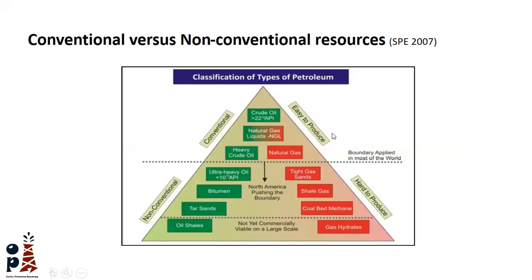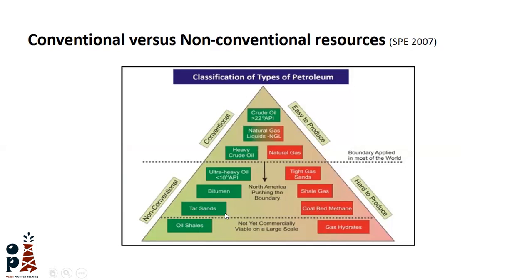So again, if we look at resources, we classify them into unconventional, or non-conventional, and conventional. Non-conventional resources include oil shales and gas hydrates. In 2007, oil shales and gas hydrates were not yet commercial, but now the U.S. extracts oil from shale, which means it is commercial to extract.